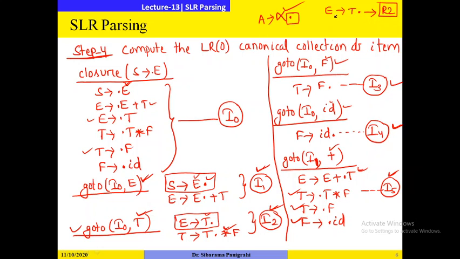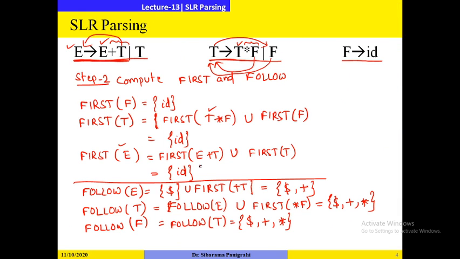Now where to write R2? You have to write R2 in the follow of the left hand side variable. The left hand side is E, so we need follow of E. Let me see follow of E. Follow of E is plus and dollar.